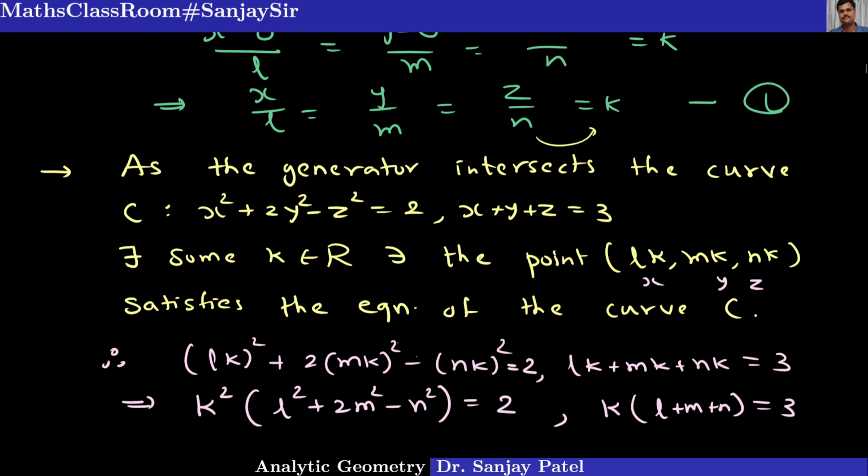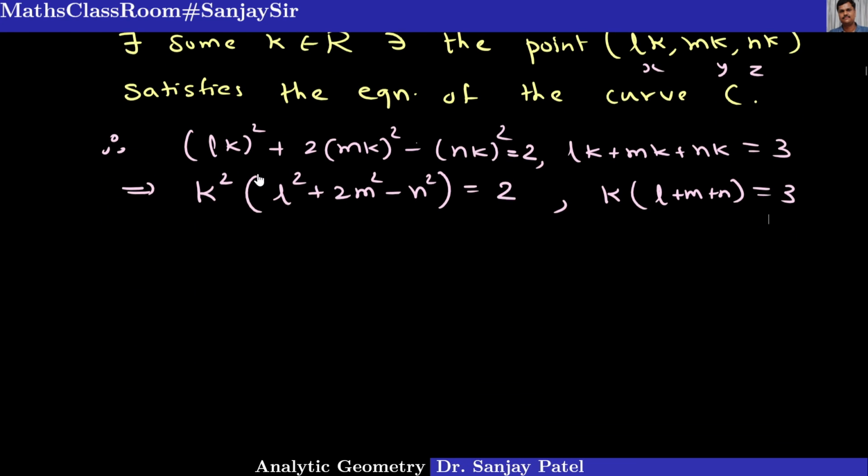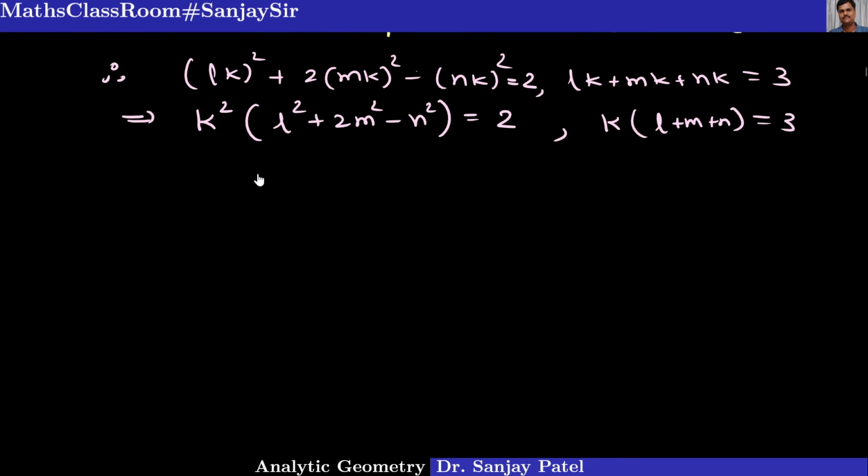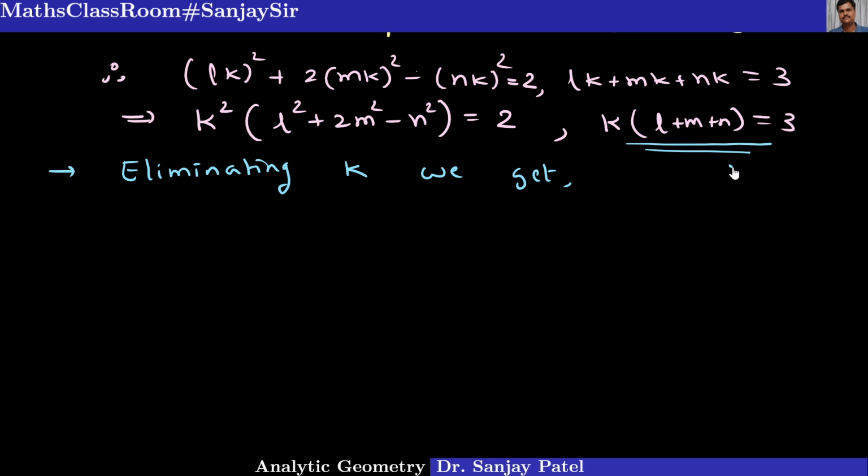Now what is the next step? This k is a fixed number, which is a point of intersection of the generator and the curve C. So we eliminate this k between these two. Now how to eliminate k? From this equation, you can find k is equal to 3 upon (L plus M plus N). And this value you can substitute in the first equation.